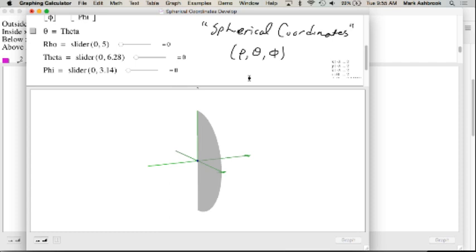So what is rho? Rho is a version of r, but instead of r like distance from the pole in the xy plane or distance from the z-axis like we saw in cylindrical coordinates, rho is truly distance from the origin in R3.